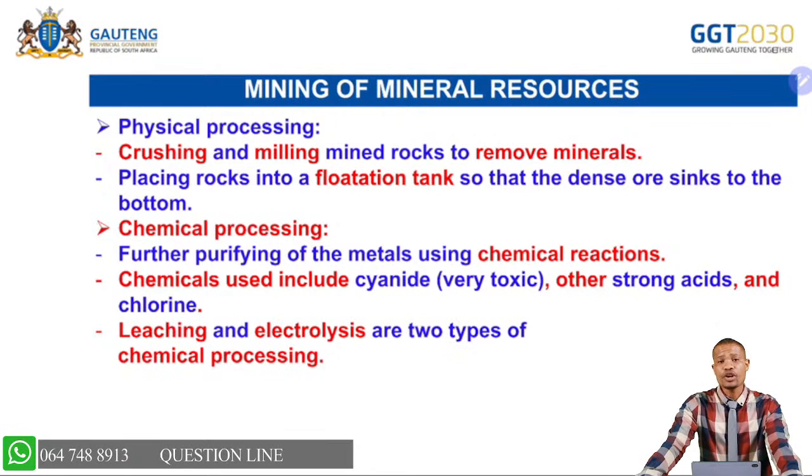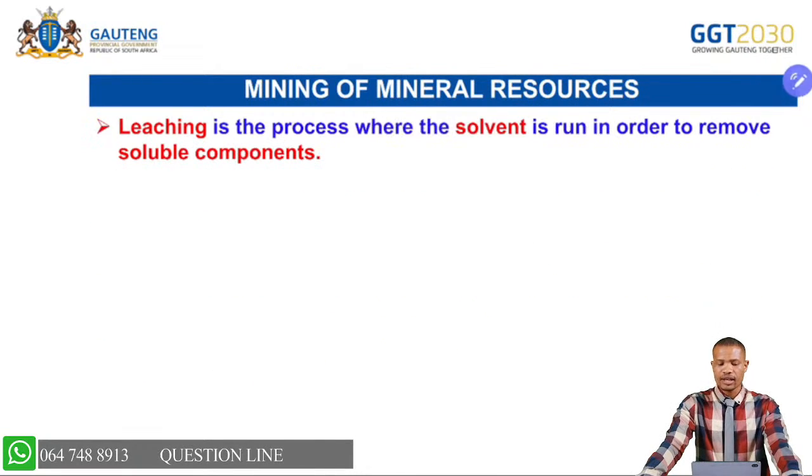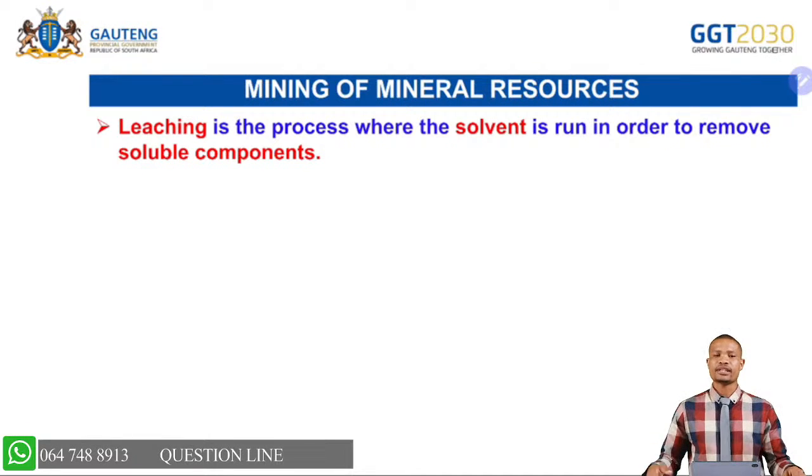Leaching and electrolysis are two types of common chemical processing. Leaching is the process where a solvent is run in order to remove soluble components. So we add a solvent. A solvent is a substance that causes other substances to dissolve in it. Like water: if you throw sugar into water, it dissolves in the water.